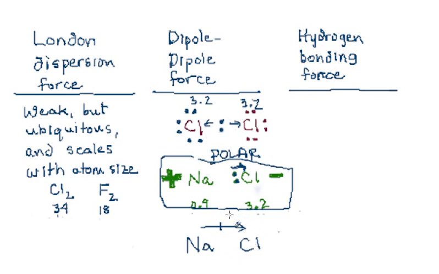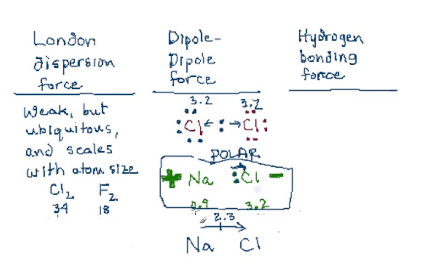And the difference between these electronegativities, if you do 3.2 minus 0.9, that tells you chlorine is stronger by 2.3. So sometimes people will write this arrow with the tick and they'll put 2.3 above it just to indicate how big of a difference in electronegativity is there.